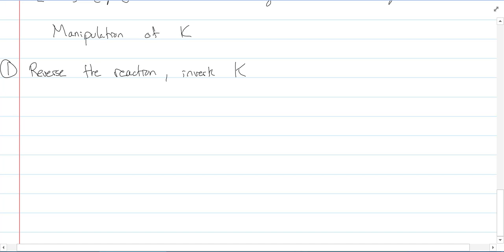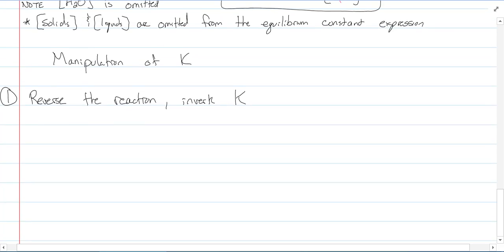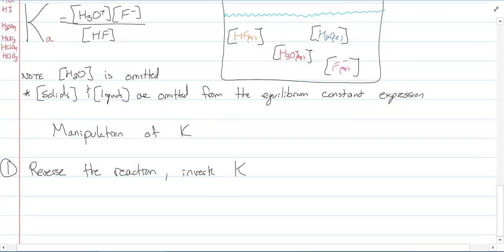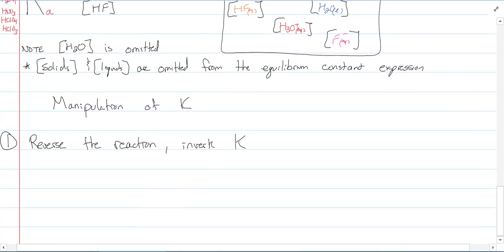So we're going to manipulation of K. There are three ways we can manipulate K. The first one: if I reverse the reaction, we invert K. Well, remember Ka right here, or K was hydronium fluoride over HF.